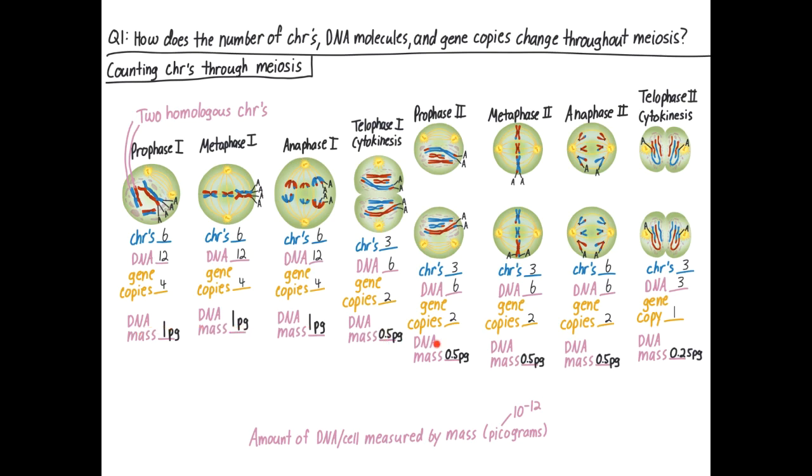The amount of DNA per cell tracks with the number of DNA molecules. In this example, we were looking at a 2n equals 6 species, but keep in mind that humans have 46 chromosomes in G1, so the chromosome number would change accordingly throughout meiosis.